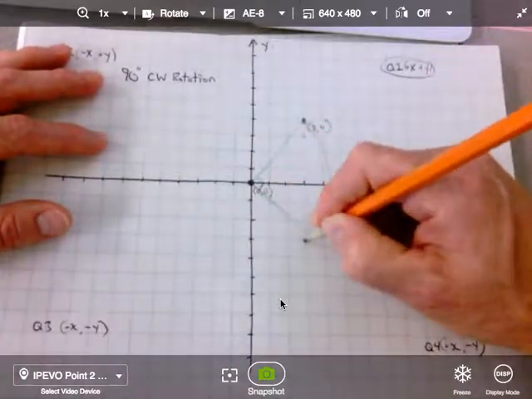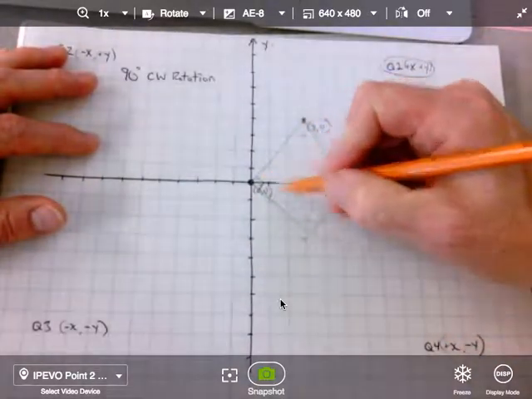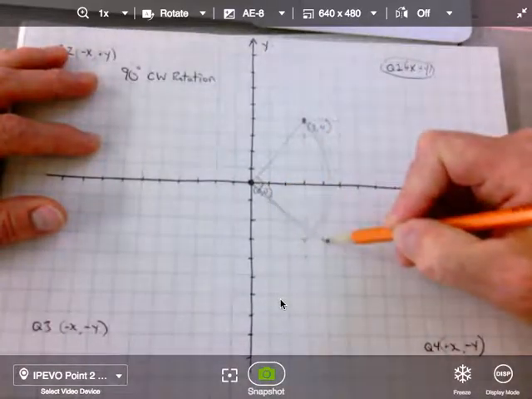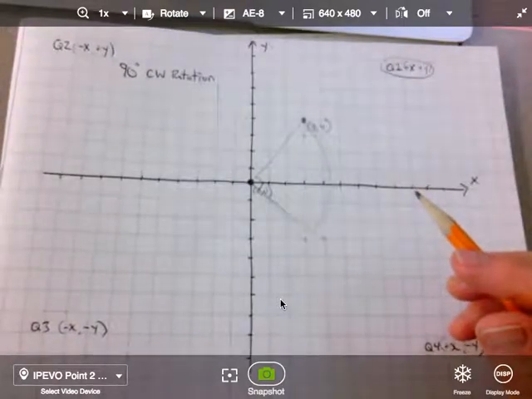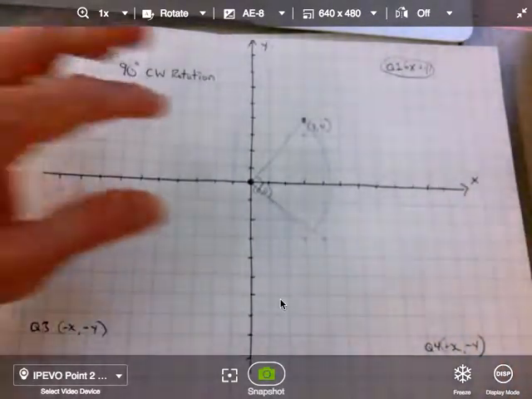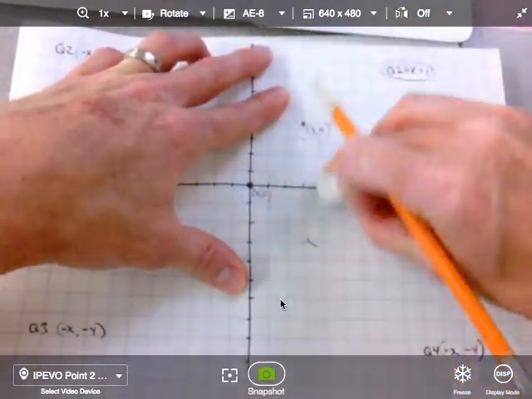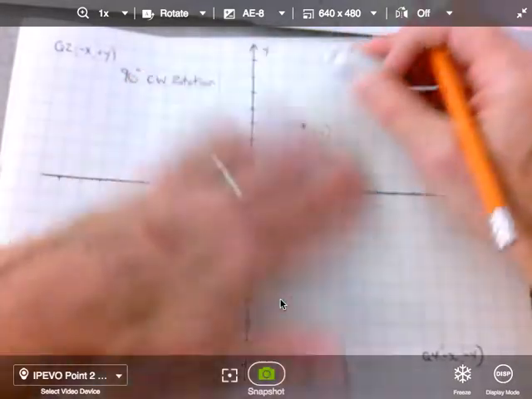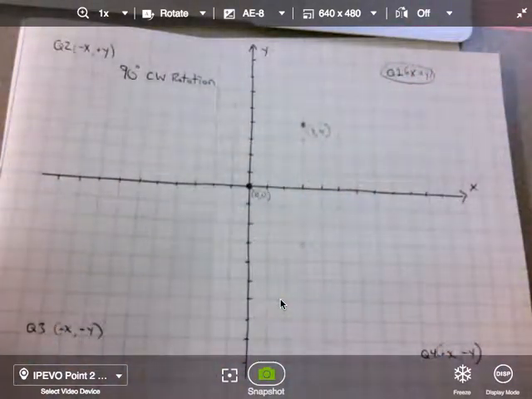I think it would end up going there, right? Well, actually, hold on. It would be there. But you might not have access to protractors. So let's talk about the first strategy, the old school strategy, and then we'll talk about how you can adjust the coordinates. So here's an old school strategy.